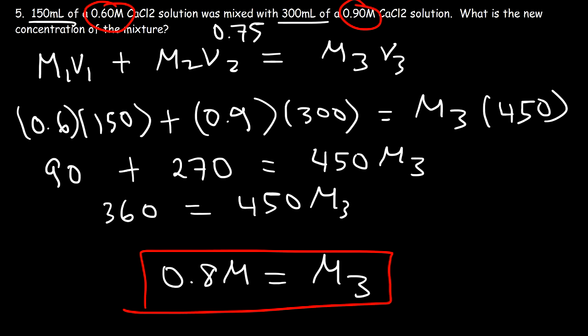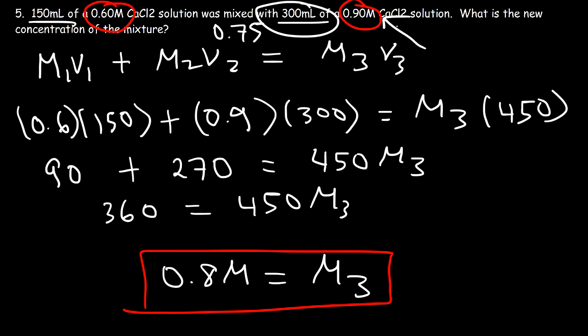And we mentioned that the answer should be somewhere between 0.75 and 0.9 because we have a greater quantity of the more concentrated solution. And so the average concentration is going to be closer to 0.9 since we have a greater volume of the concentrated solution.